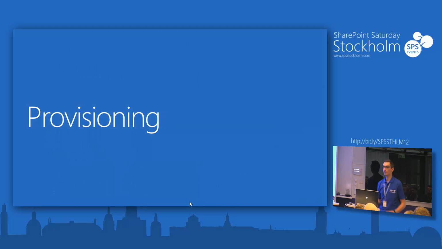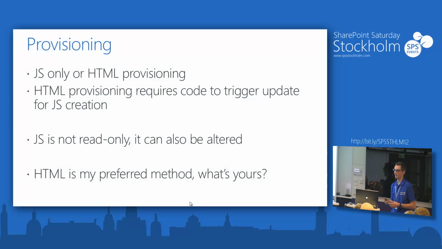Last part, from the moment all your display templates are finished and you're up for deploying and provisioning them to your next environments, test, QA, production, you have your provisioning part. For that you can go two ways: the JavaScript only way, or the HTML provisioning way.